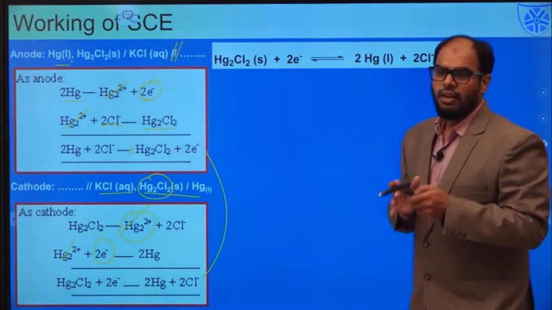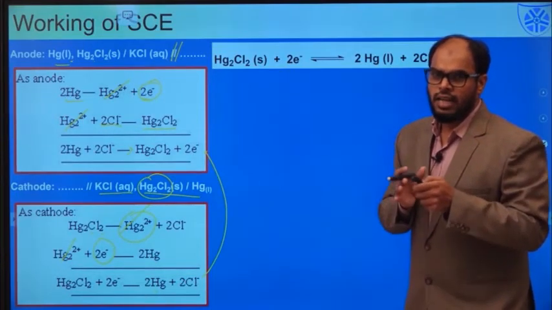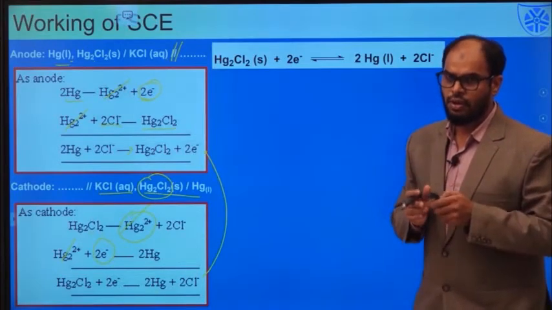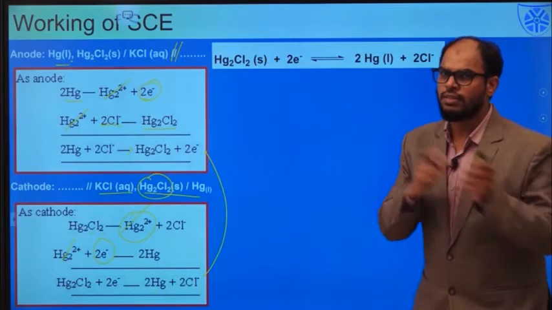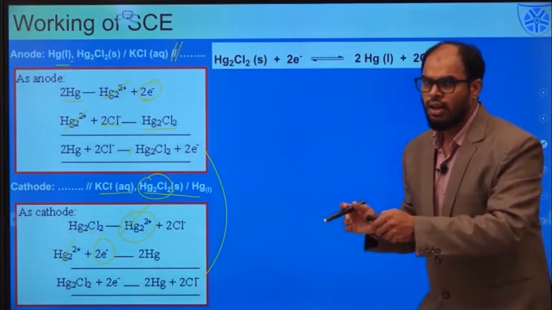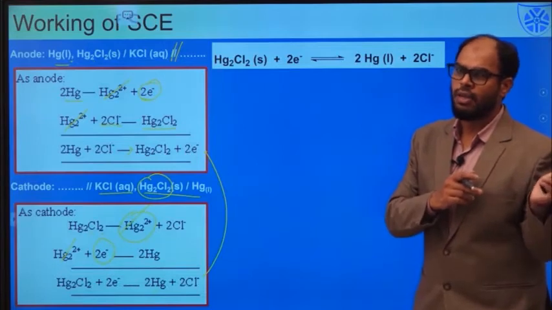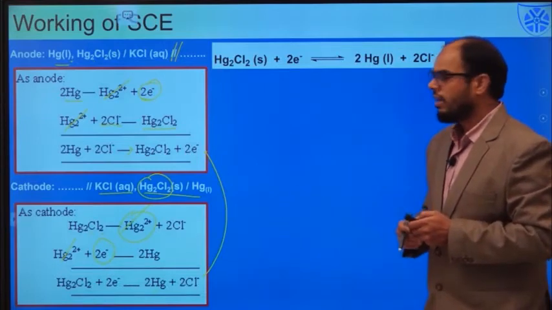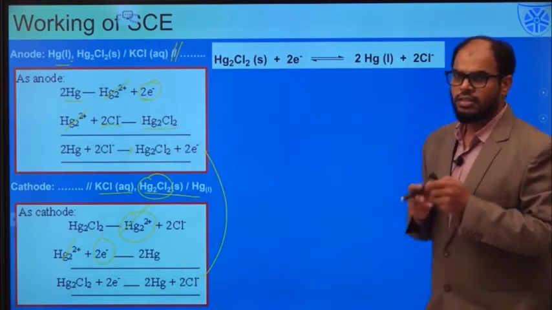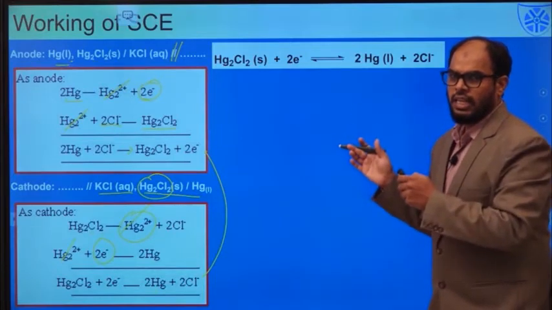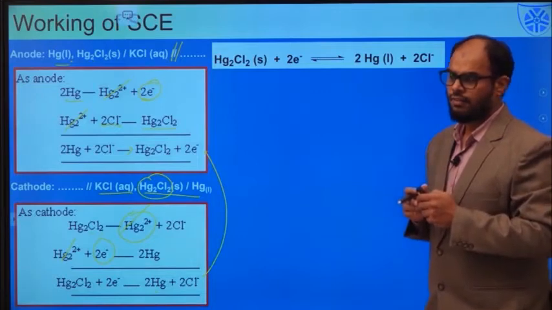This is the way we can say that the SCE is acting as a secondary reference electrode, where elemental mercury is converted to mercurous chloride, or mercurous chloride is converted back to mercury in the other process. Let us try to understand the SCE using the Nernst equation.